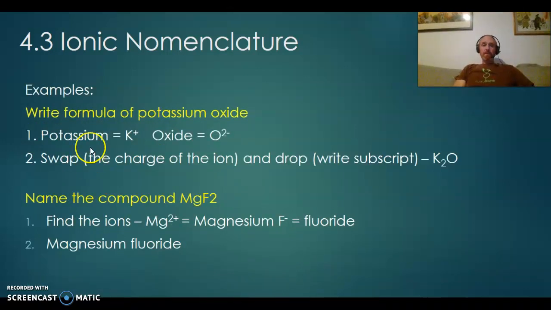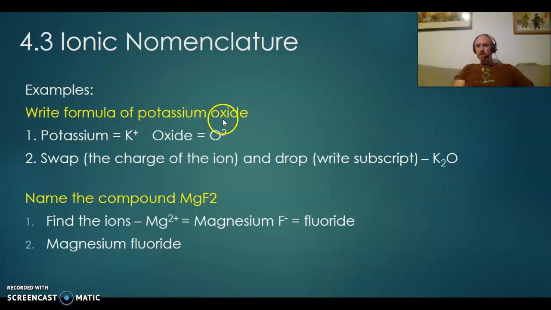So for example, if we had to write the formula of potassium oxide, you'll notice that the anion looks like the name of an element, but it'll often have this "ide" or sometimes "ate" ending. "Ide" just means that it's the anion, the non-metal.